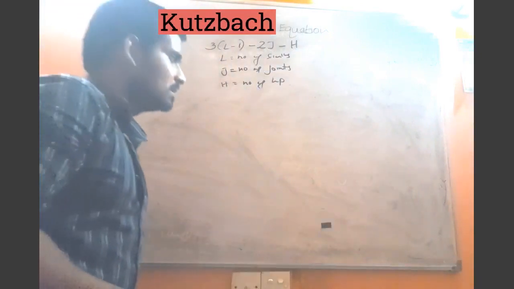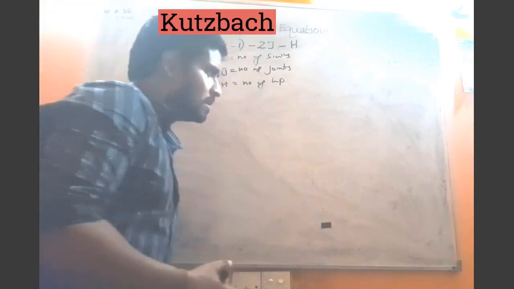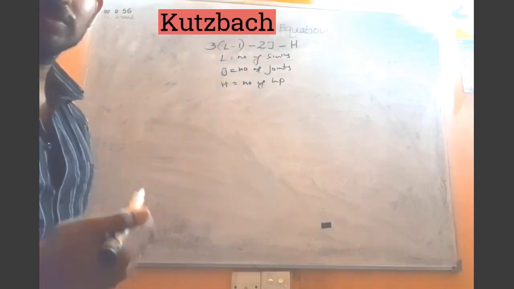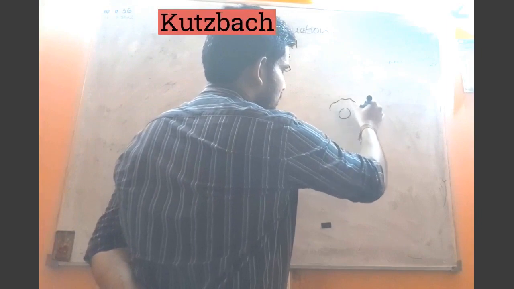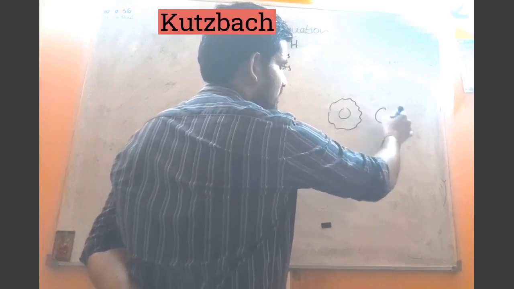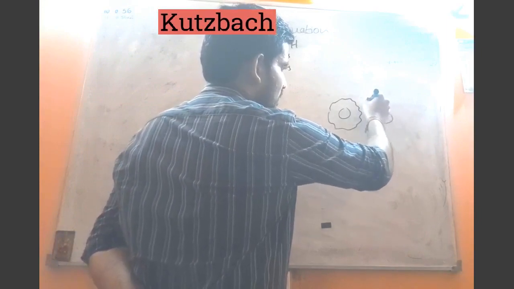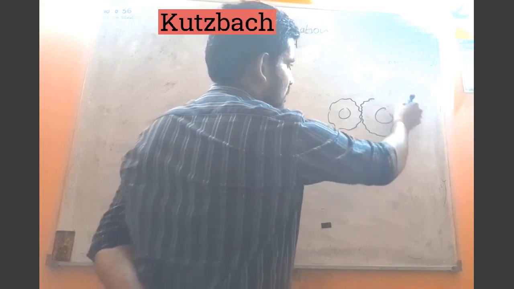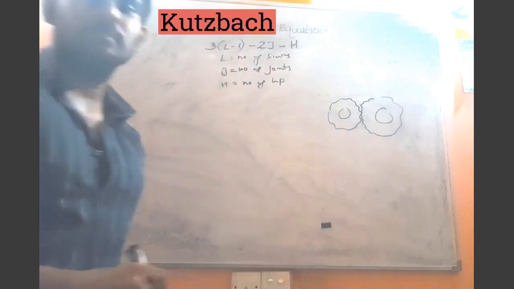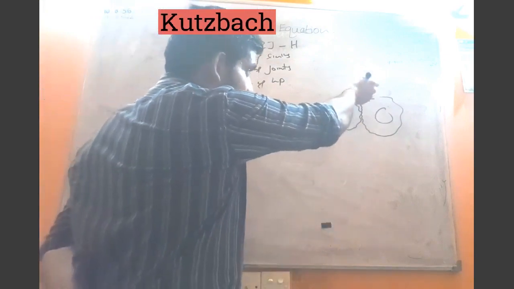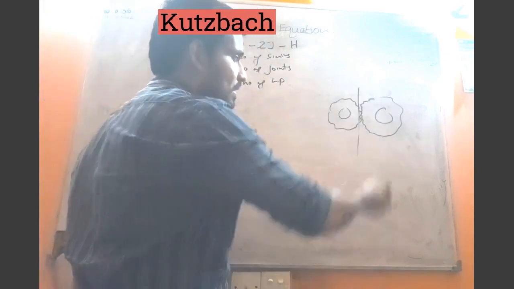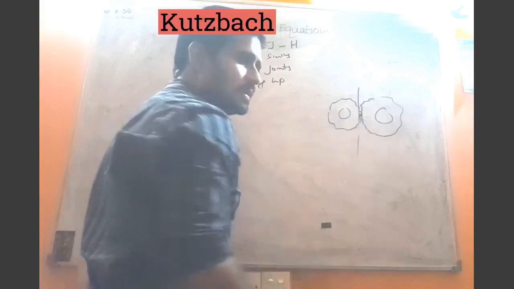Just consider the mechanism between two gear wheels. If I consider the mechanism between two gear wheels, you can see that we have a line of contact or a kind of point of contact.